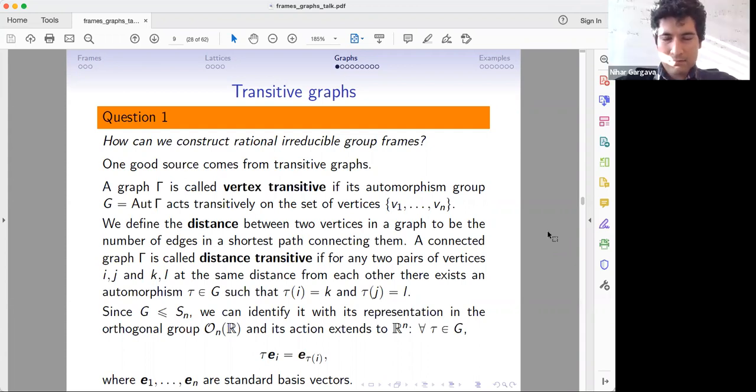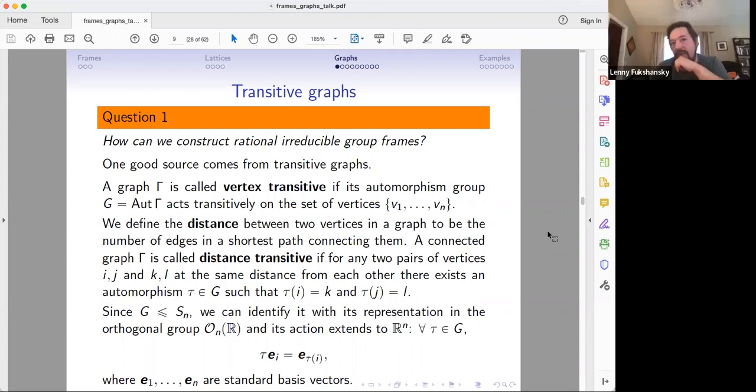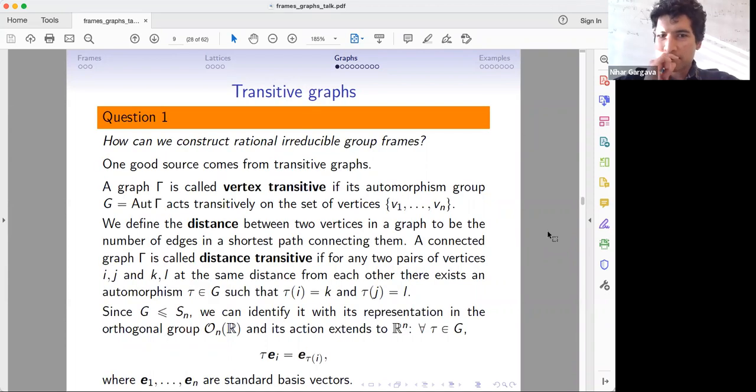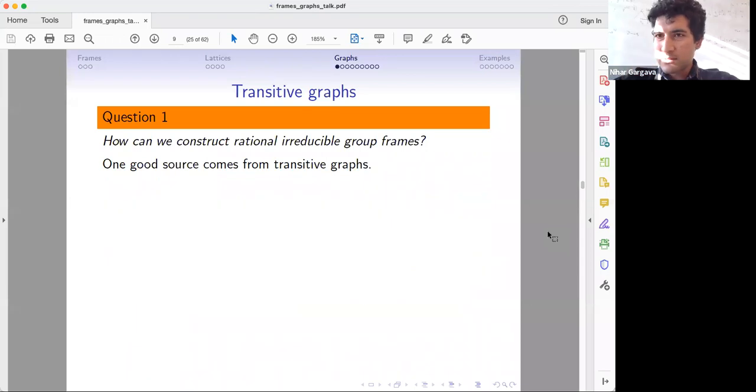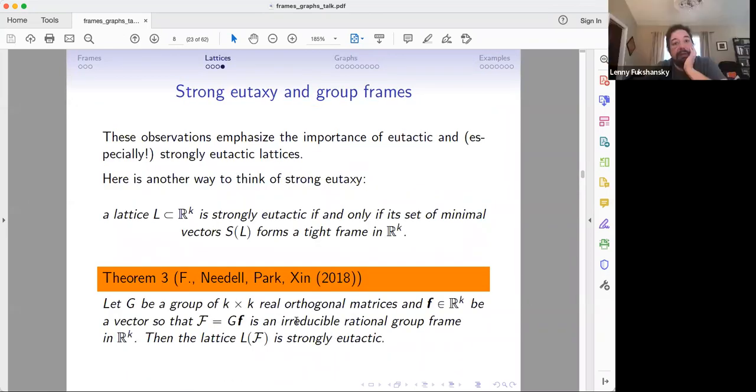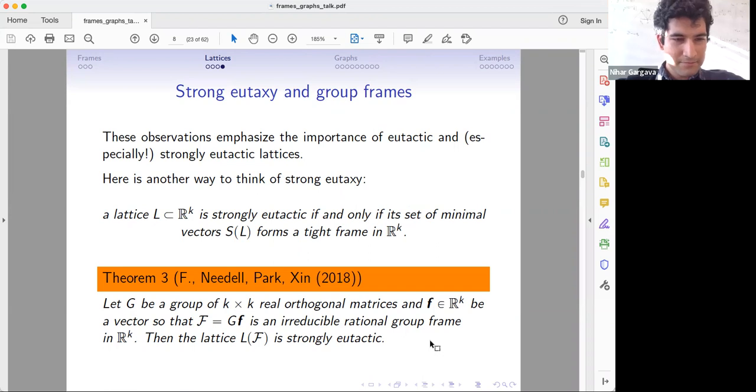Yes, you're right, but if you restrict it to certain subspaces, it can be irreducible. Okay, good. And this theorem about tight frames from a group action, this is only for irreducible action, right? Right. Okay. Thank you. My pleasure.